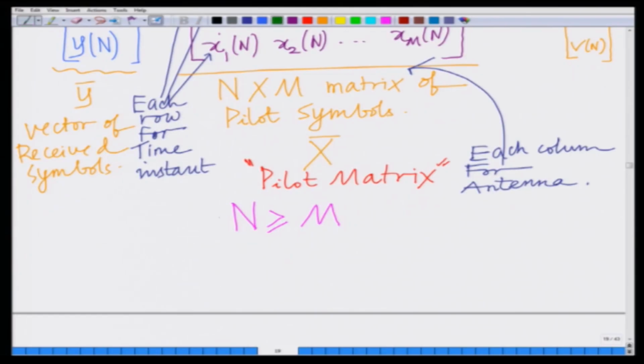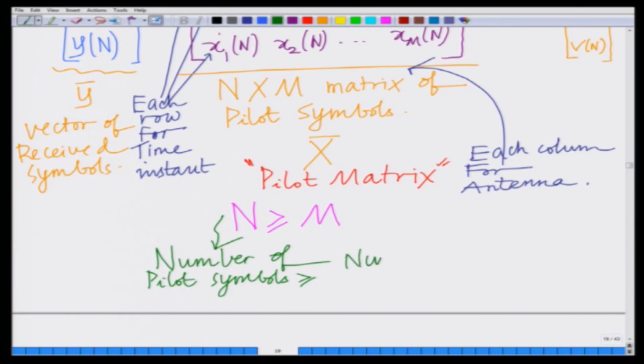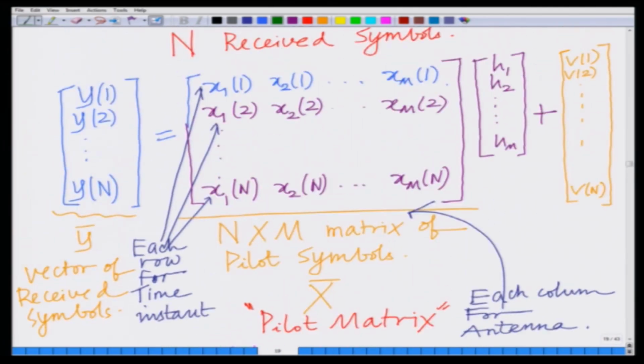which means that the number of pilot symbols is greater than or equal to the number of channel coefficients, and of course, this we have already seen before.